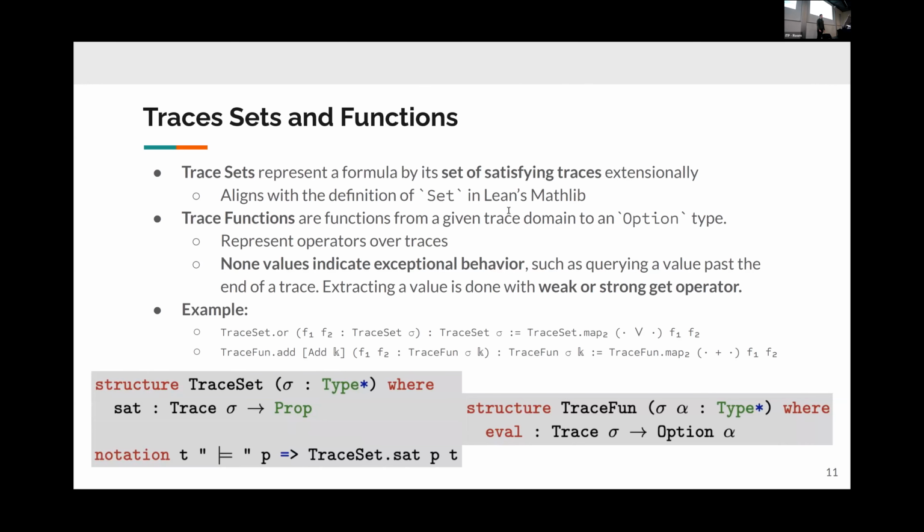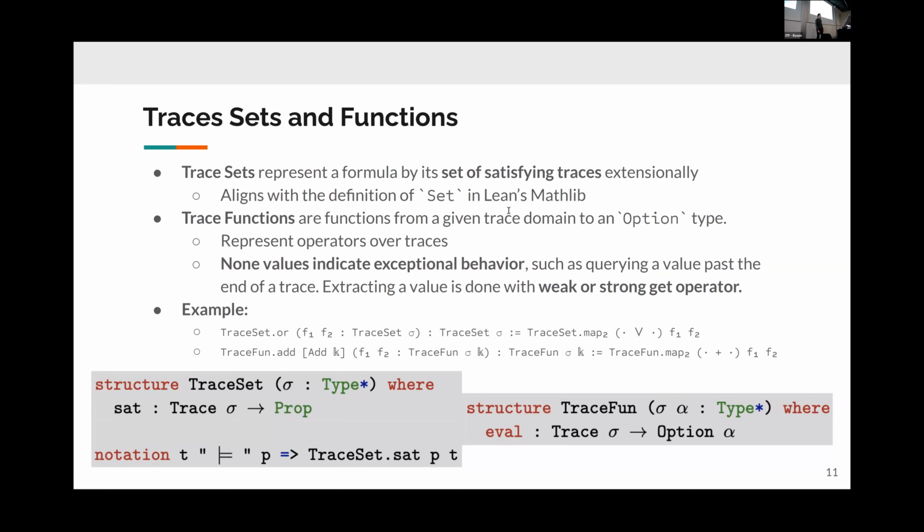Then building on this, we have trace sets and functions, where trace sets represent a formula in LTL by its set of satisfying traces. And this lines up with Mathlib's definition of set. Then trace functions are how we implement these operators in LeanLTL, with functions that map from a trace of a certain type to an option type.